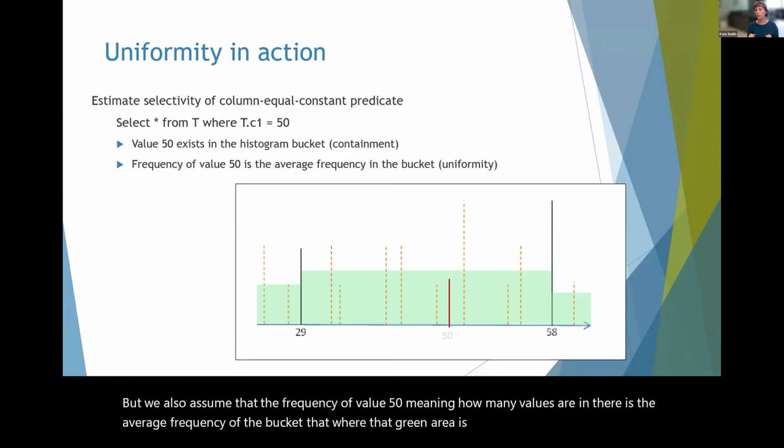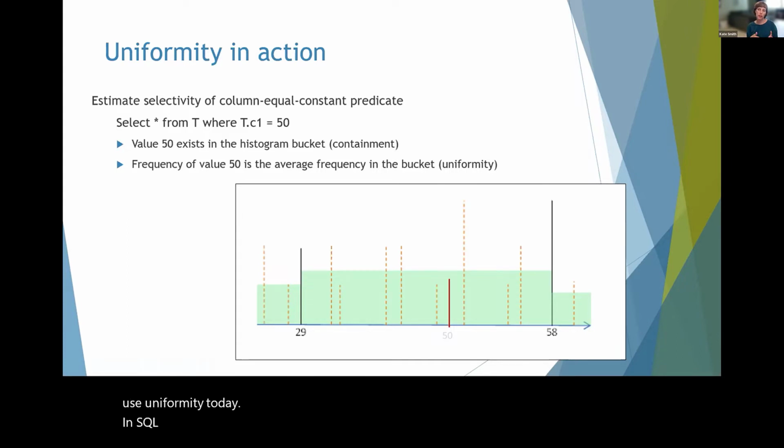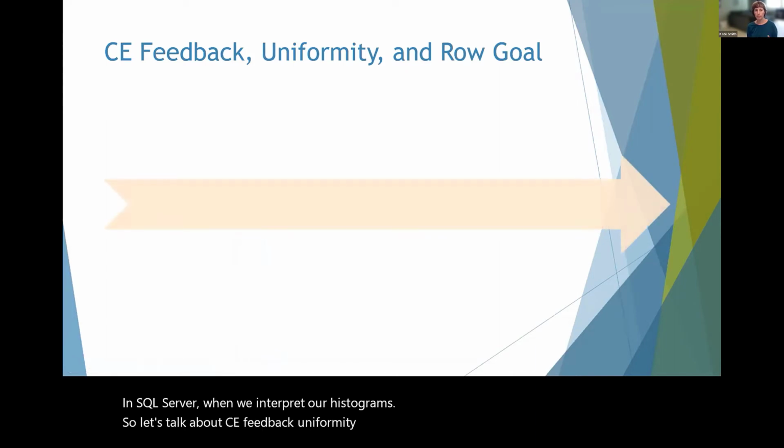That's the number of 50s that we would say there are, because it's within that bucket boundary. So that's how we use uniformity today in SQL Server when we interpret our histograms. So let's talk about CE feedback, uniformity, and row goal.